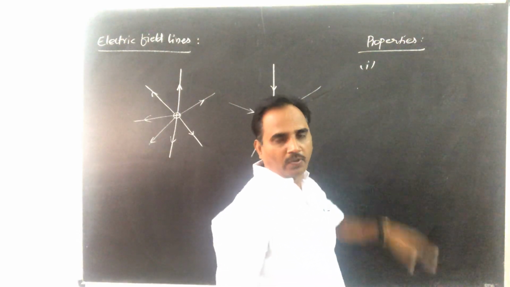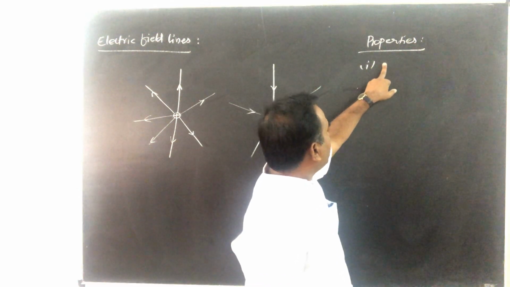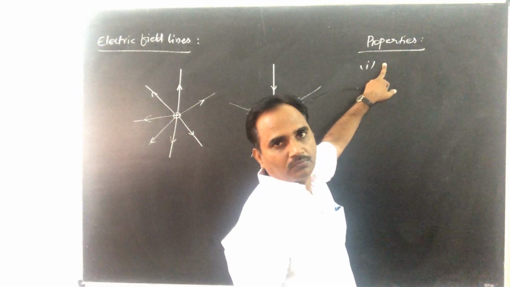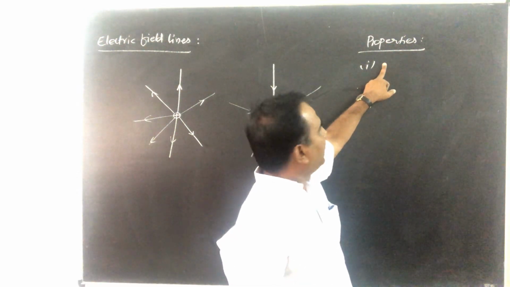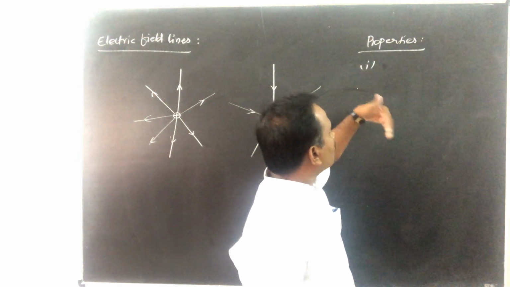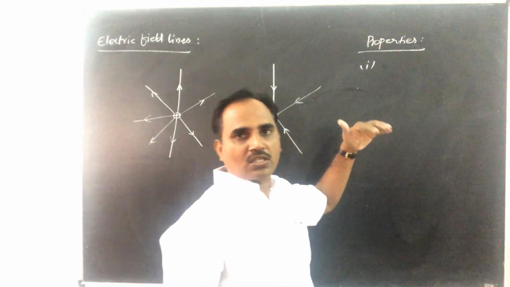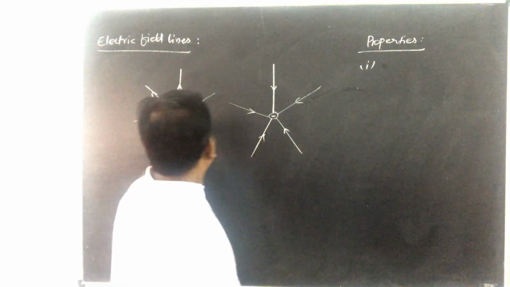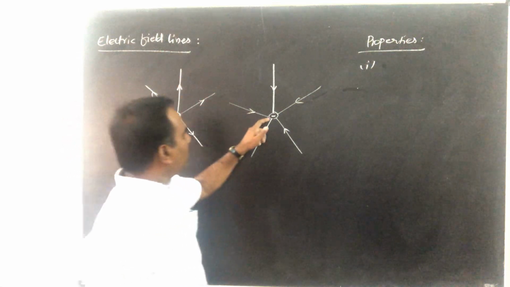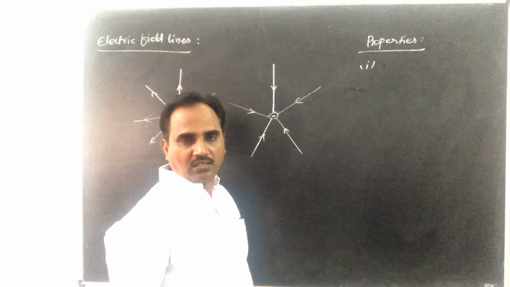Therefore, the first property is that electric field lines due to a point charge start or stop at infinity. Understand? That means due to a positive charge, they start from the point charge and end at infinity. Due to a negative charge, they start from infinity and end at the negative charge. So this is the first property.